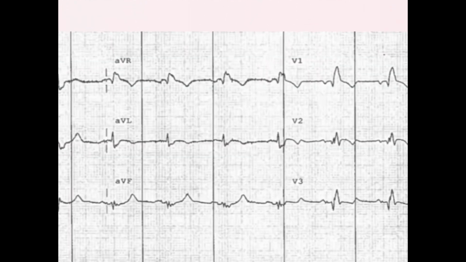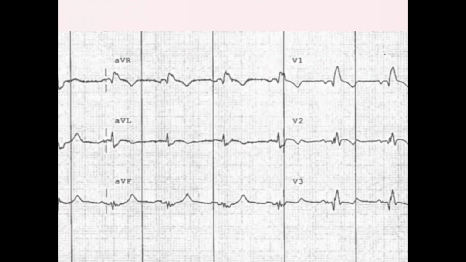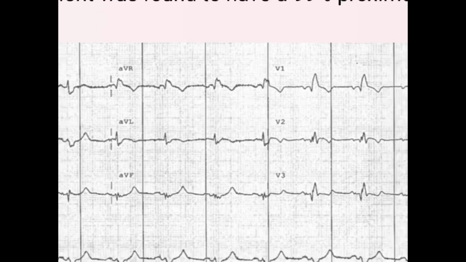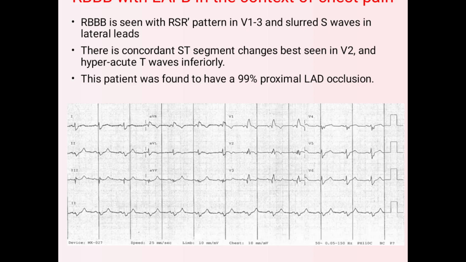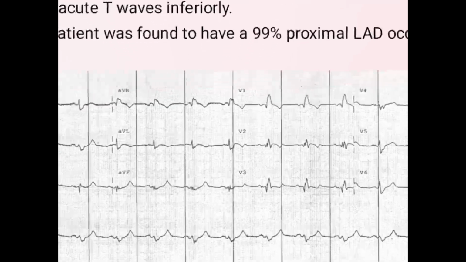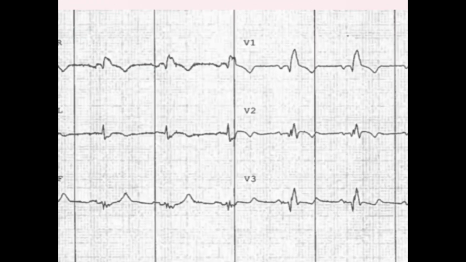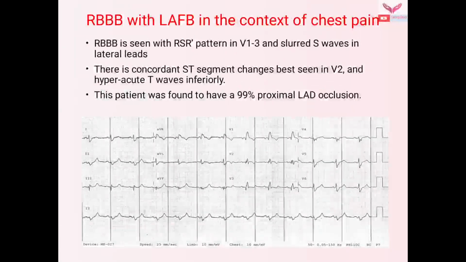There are concordant ST segment changes seen in V2, and we get hyperacute T waves inferiorly. Both the T wave and the S wave are in the same direction. This is concordance, which is suggestive of left anterior descending artery occlusion.